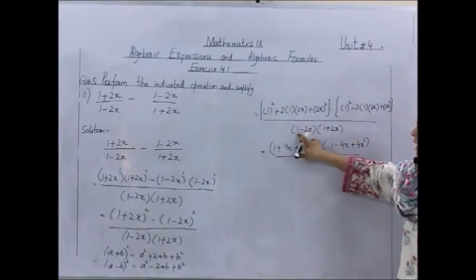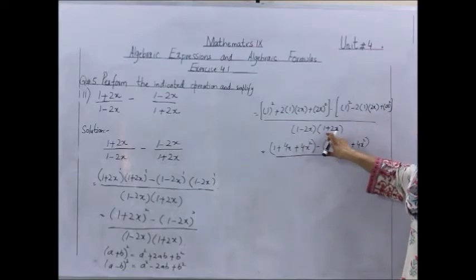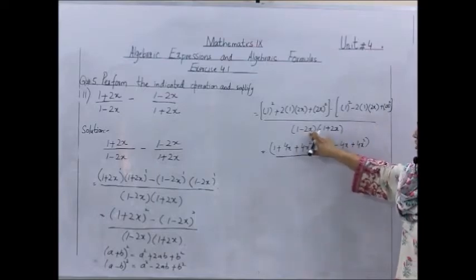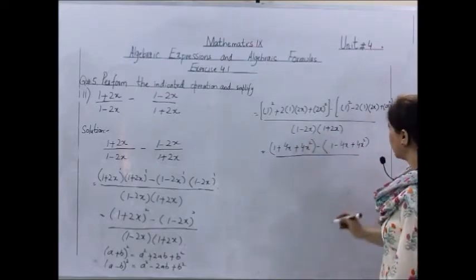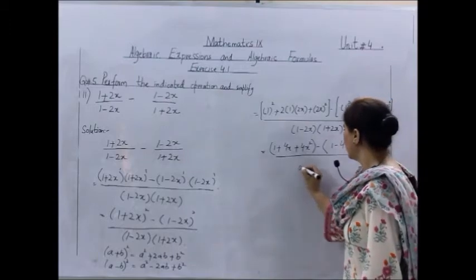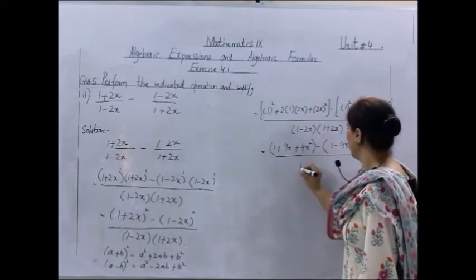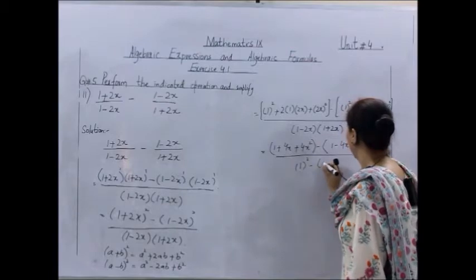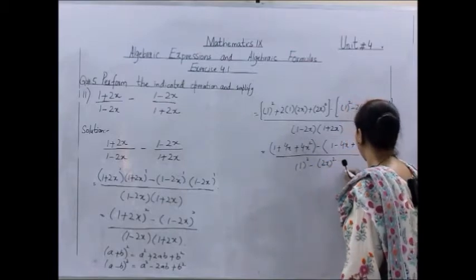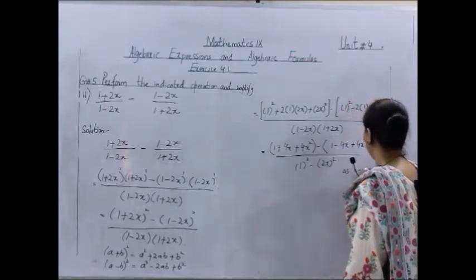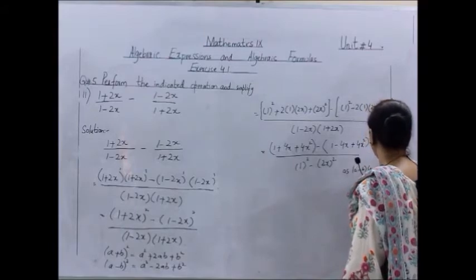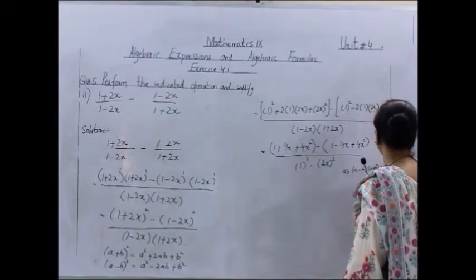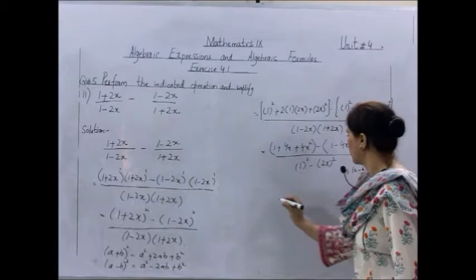And see, a minus b, a plus b. What is a minus b, a plus b? It is a square minus b square, as a minus b times a plus b is equal to a square minus b square.